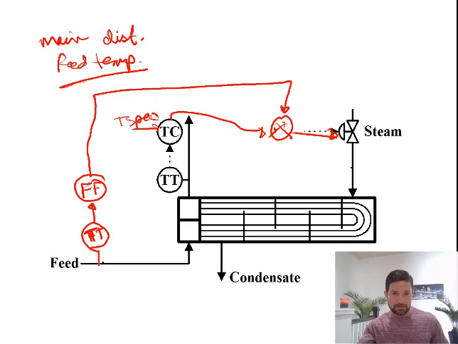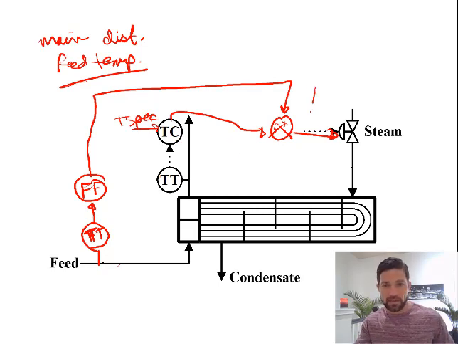So in this case, if the temperature coming in decreases, we can ask for a higher amount of steam to the valve before this system actually changes, to prevent the temperature of this process from changing.